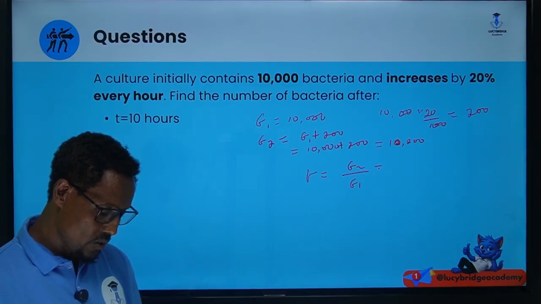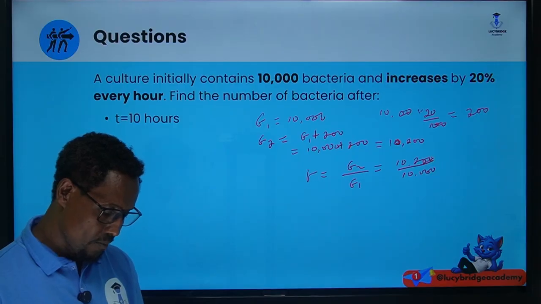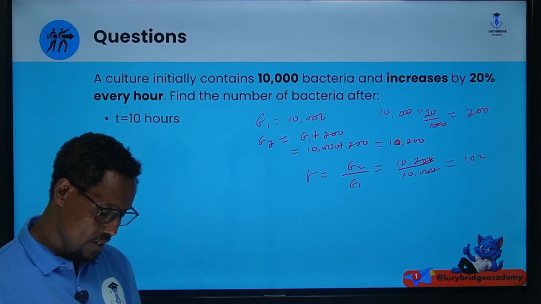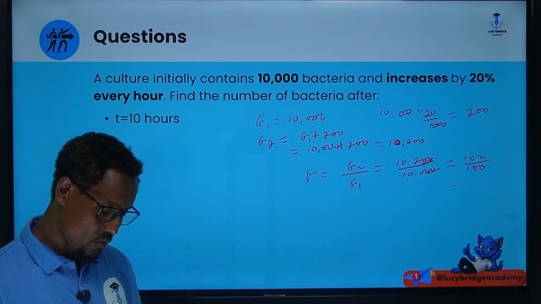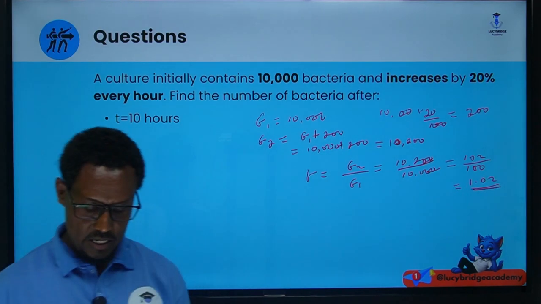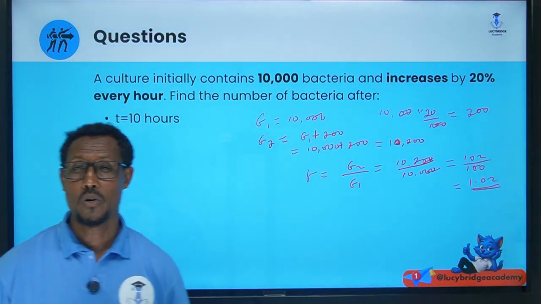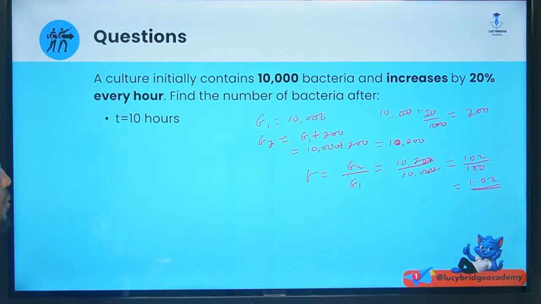How much is G2? 10,200 over 10,000. This means 102 over 100, which is equal to 1.02. 1.02 is our common ratio, right?